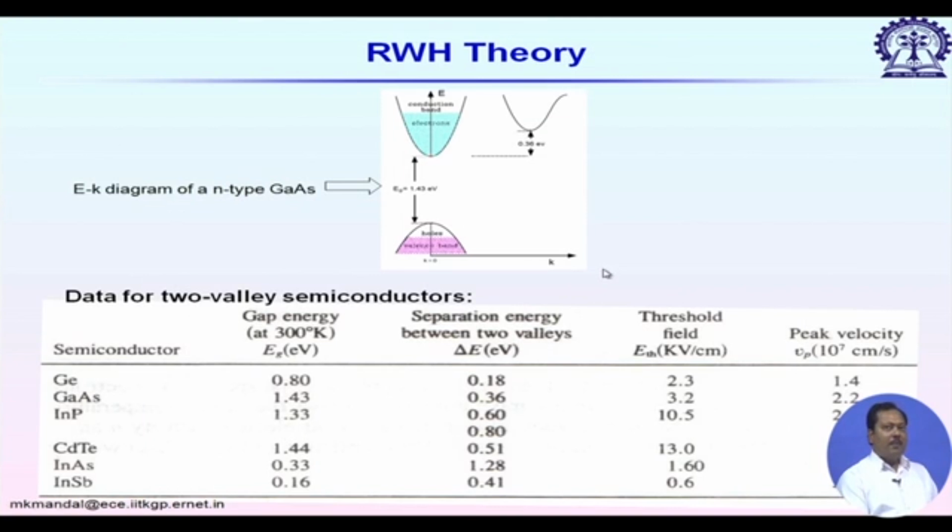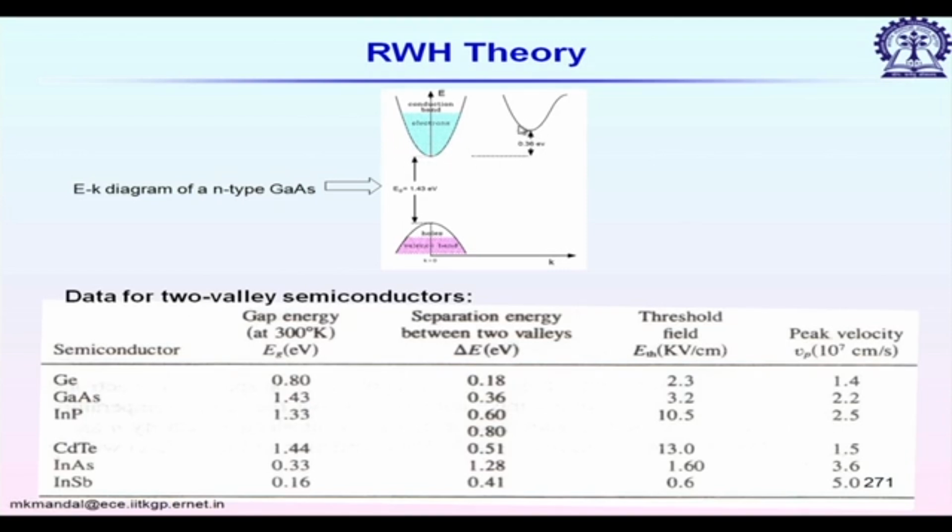Now, why does it happen? This picture shows the E-k diagram for n-type gallium arsenide. The bottom part shows the valence band, and the top one shows the conduction band. In addition to this primary conduction band, we have one more valley.